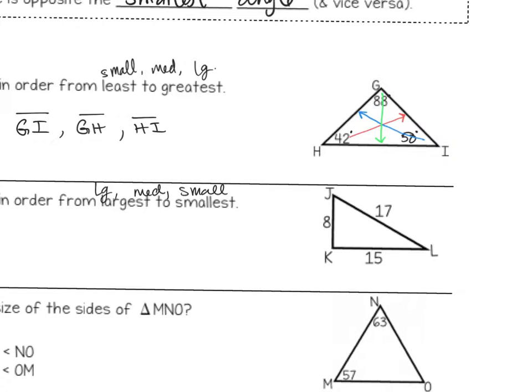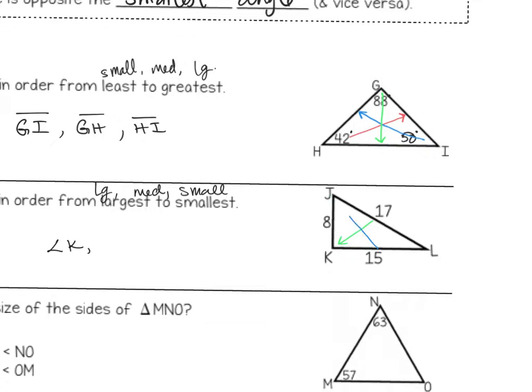So my largest side is across from my largest angle. My largest side here is side JL, which is 17. That is opposite angle K. So my largest angle has to be angle K. My medium side is side KL, it's 15.